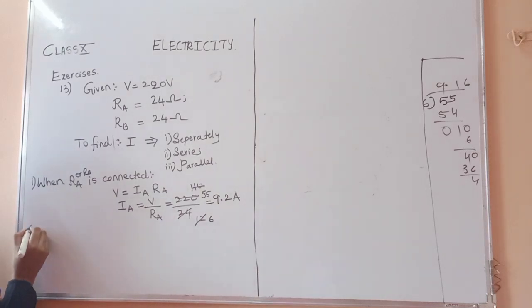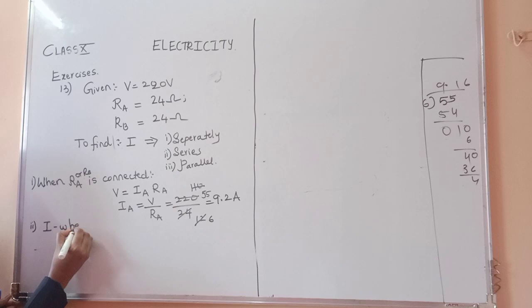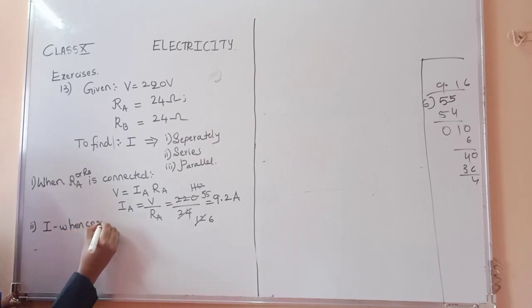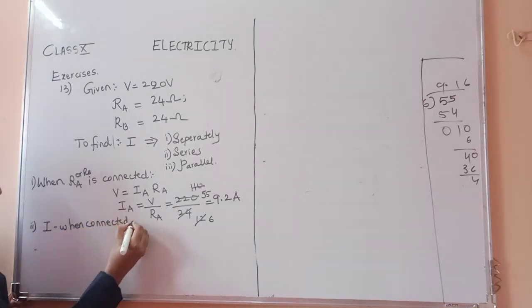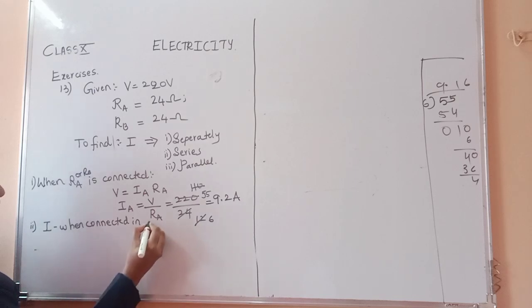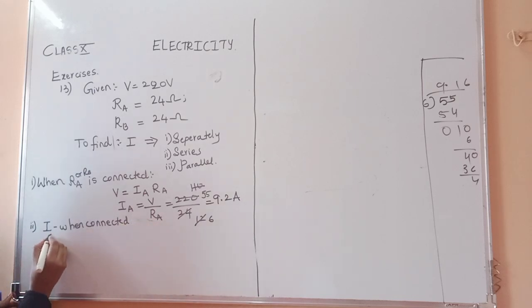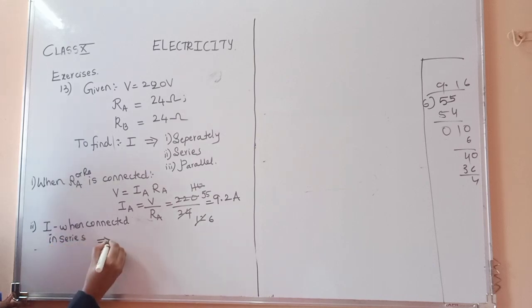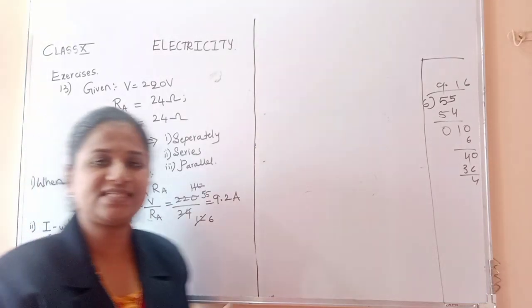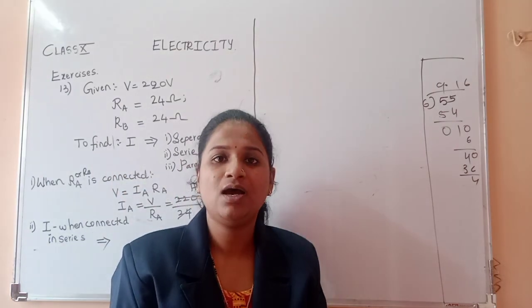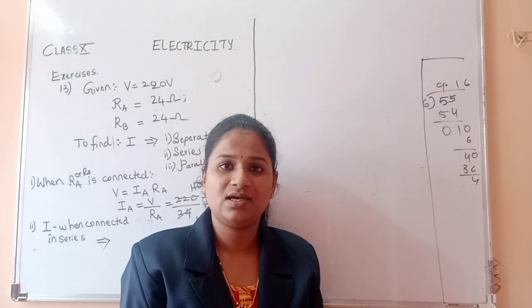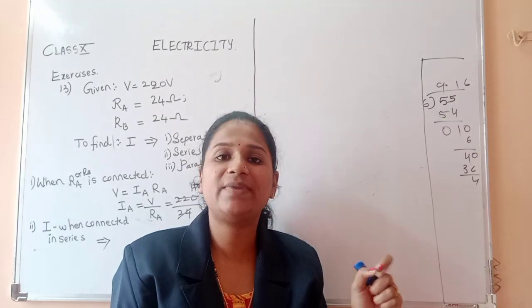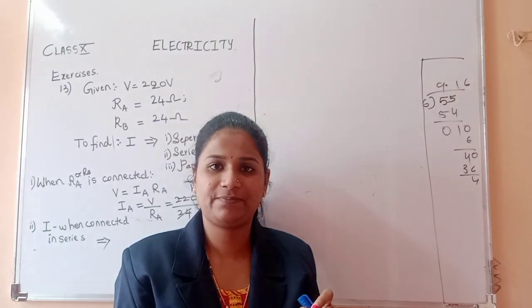Next one, the current when connected in series. Okay, so let us do that. We know that when the resistors are connected in series, potential difference will be changing, but the current remains constant, right?